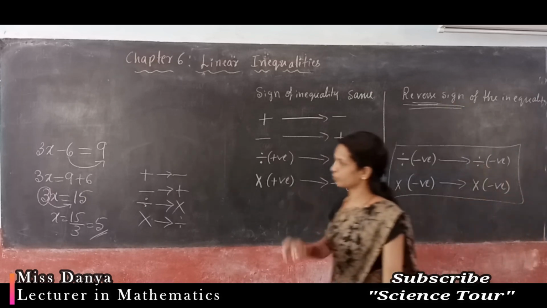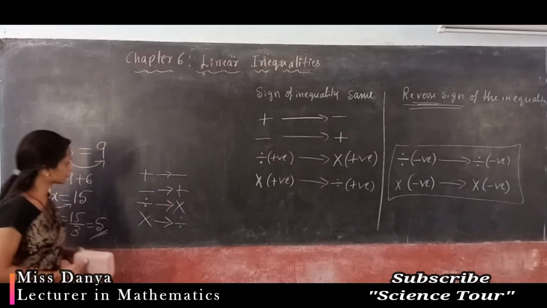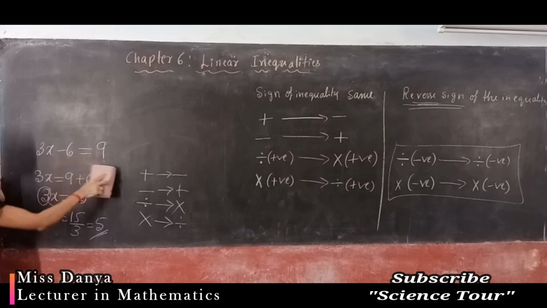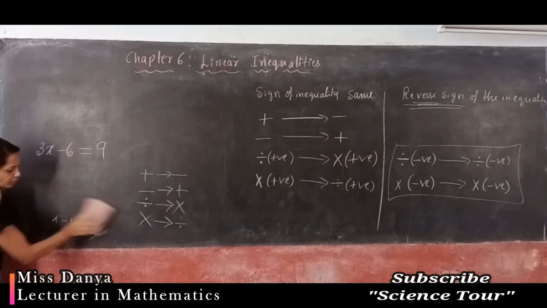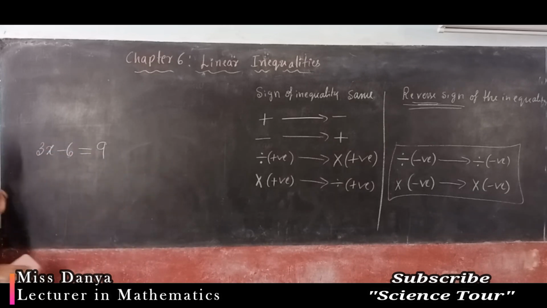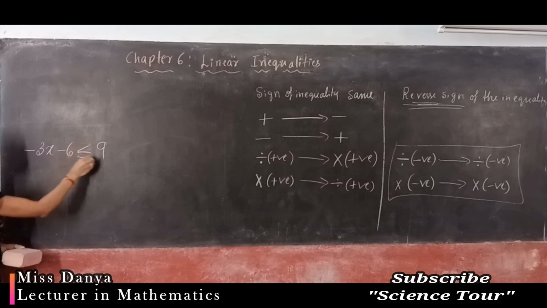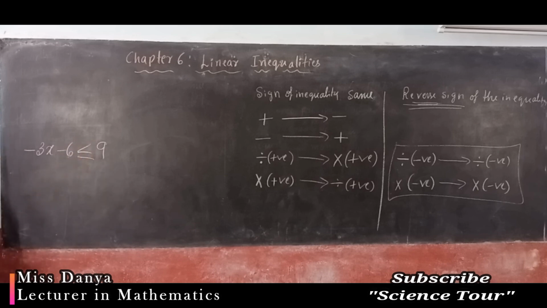For example, 3x minus 6 is equal to 9. Suppose you have this equation. Now suppose I take minus 3x minus 6 is less than or equal to 9. Then how to solve this inequality?